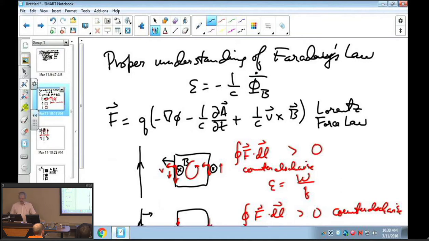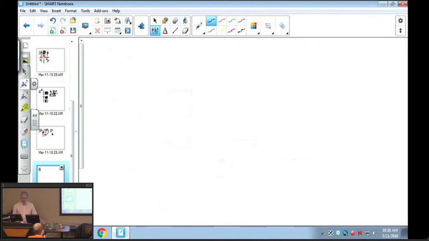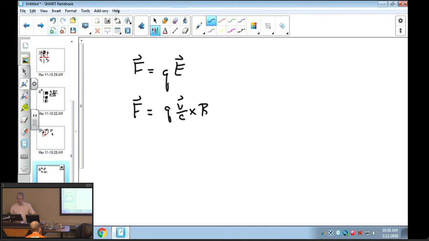Let's go down here. In one case, if we have an electric field, this would be the force due to an electric field. Or if we had a particle with impetus moving in a magnetic field, this would be the force on it. In CGS units, the electric and magnetic fields, the E field and the B field, have the same dimensionality.